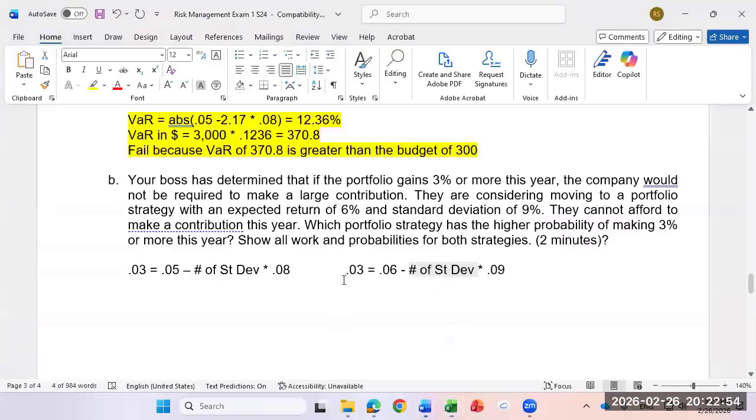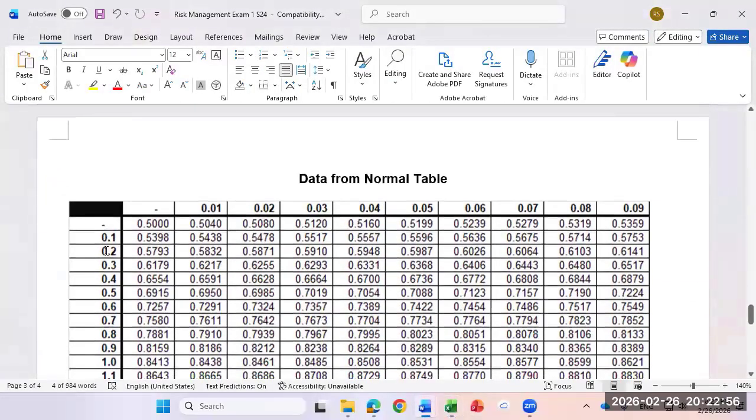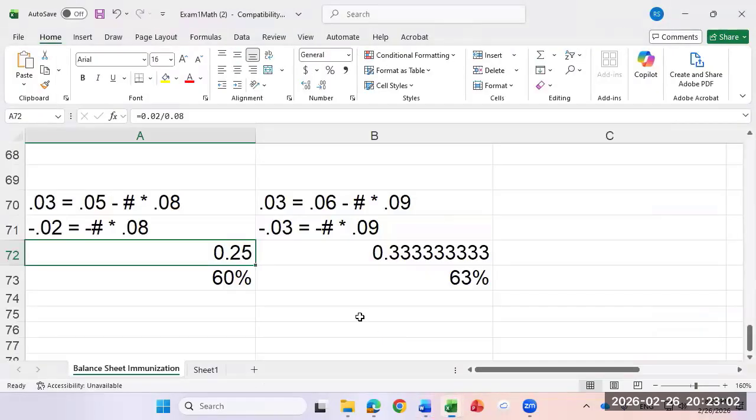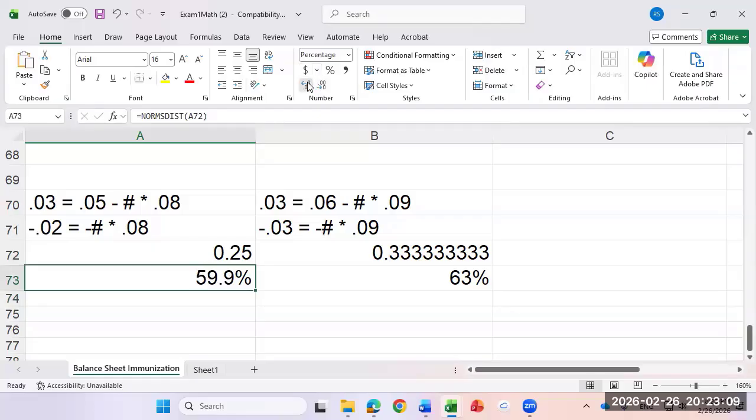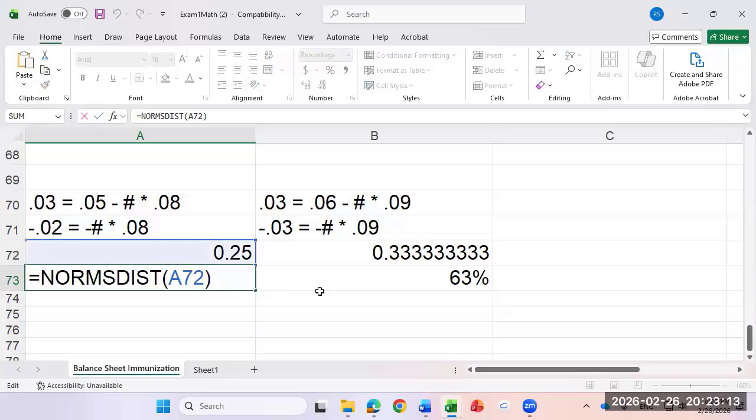You go to the table and you find 0.25. You get 0.5987. I used NORM.S.DIST to get that. I cheated and used Excel.